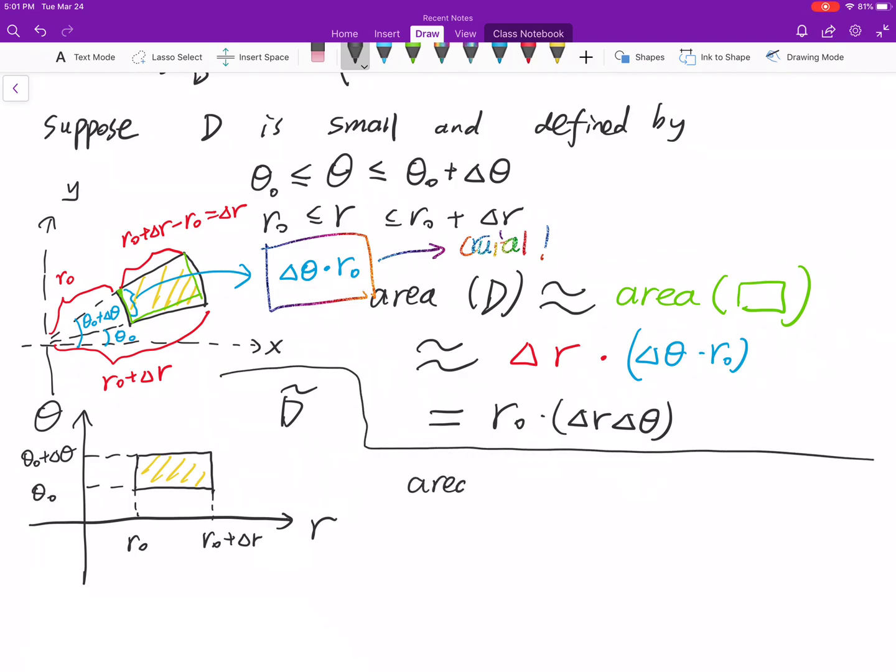So the area of D theta is given by exactly delta R times delta theta.